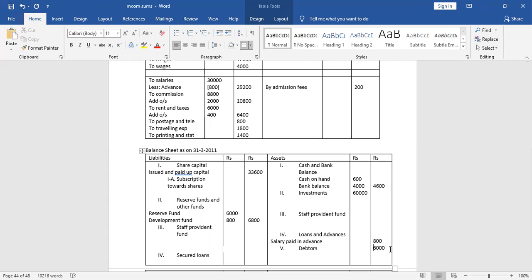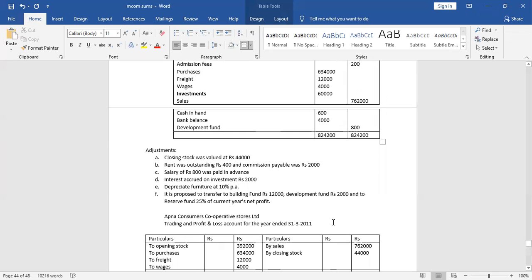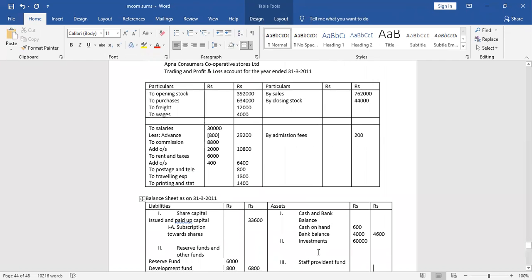And now what we want, interest accrued on investment 2,000. So here we will add interest accrued. How much is it? 2,000.